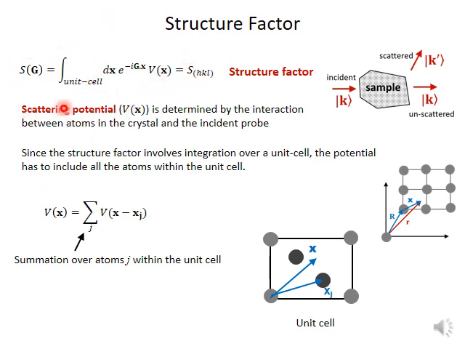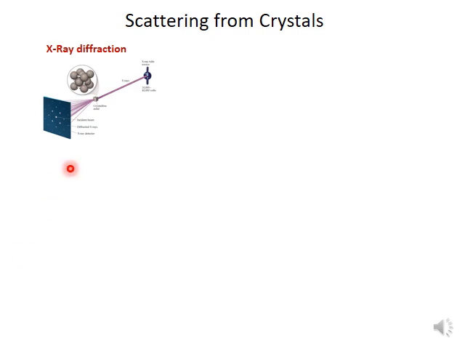So now coming to the nature of the scattering potential, what kind of different scattering potentials you can have. The scattering potential depends on whatever is incident on the crystal itself. For example, until now we have looked at scattering of X-rays from a crystal. You have an X-ray source which is incident on a single crystal, and that produces a certain diffraction pattern. The technique is called X-ray diffraction.